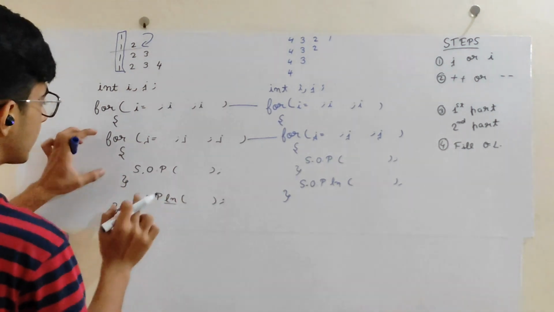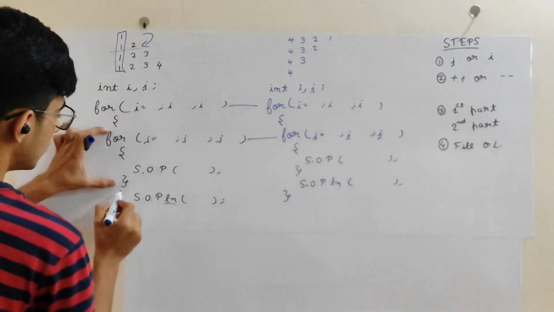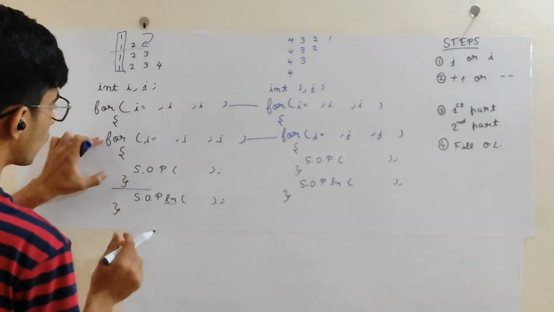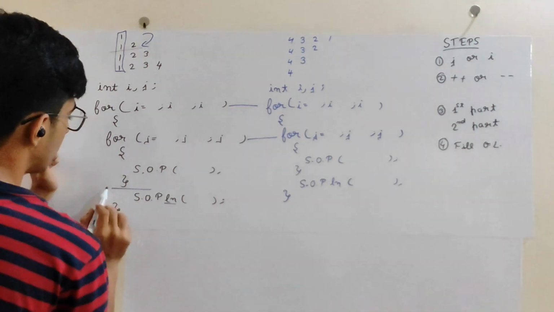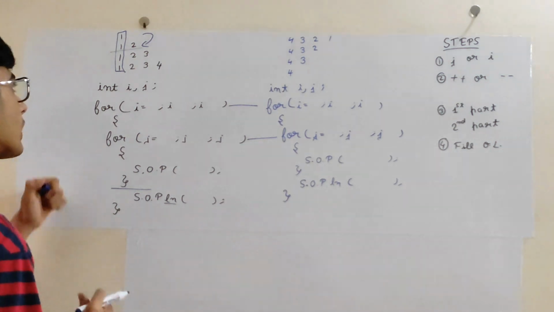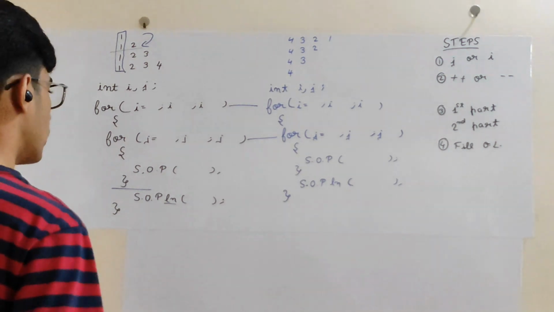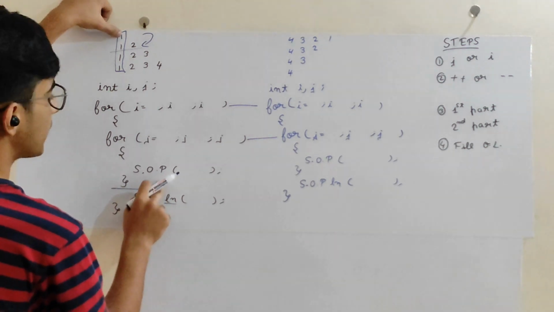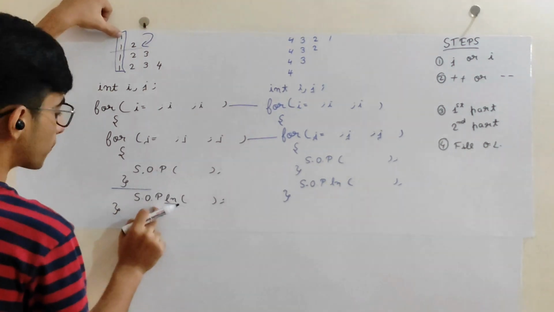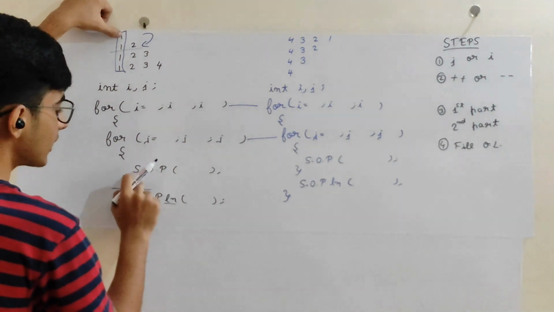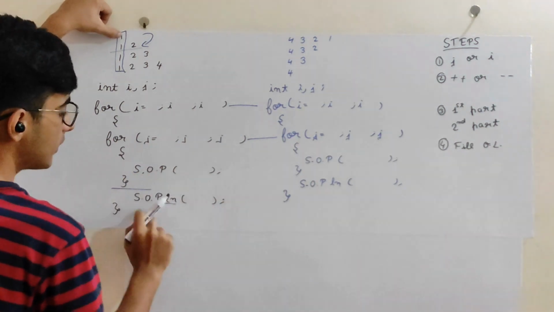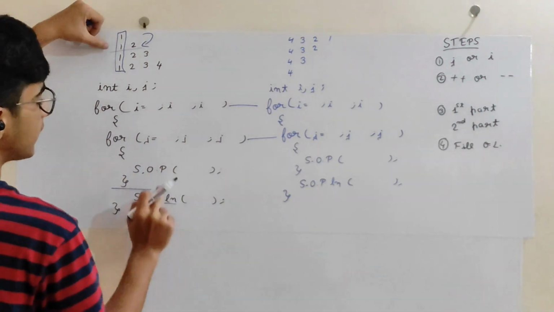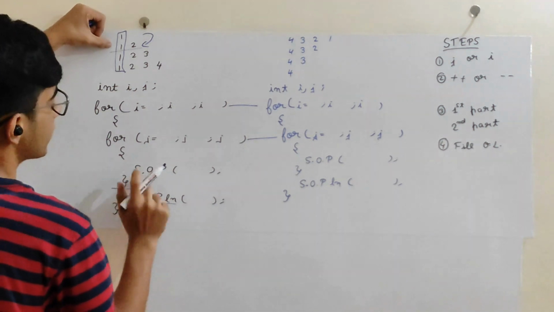SOP is associated with the inner loop, right? This for loop will work until this line. So SOP will print it. 1 is printed, then the cursor will move out of this loop and leave a line. Then here 1 2 will be printed.